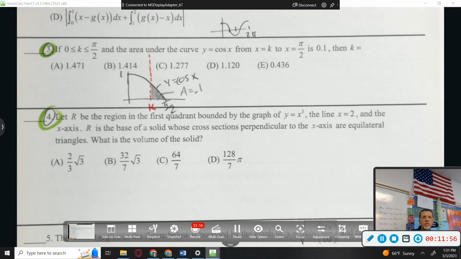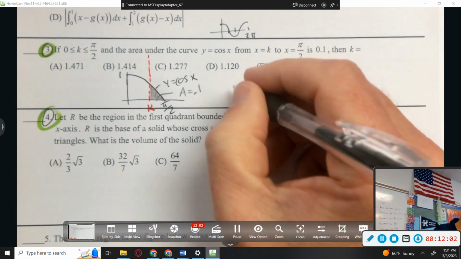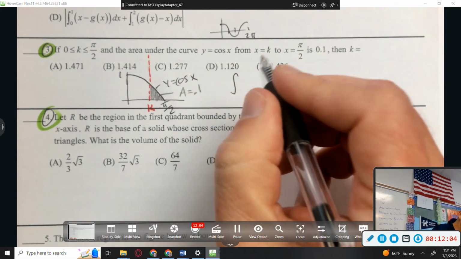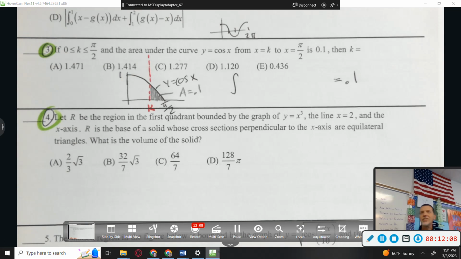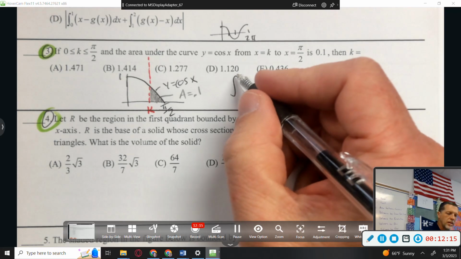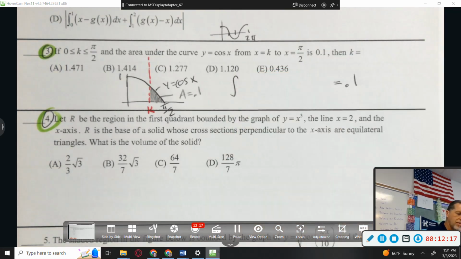Under the curve, cosine of x from k to pi over 2 is 0.1. Well, area under the curve, that's integral, equals 0.1. Integral from what to what? K to pi over 2.